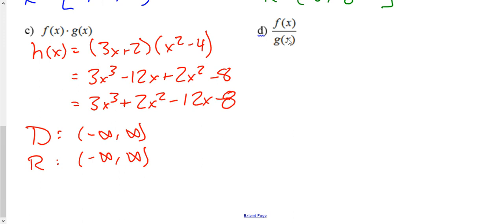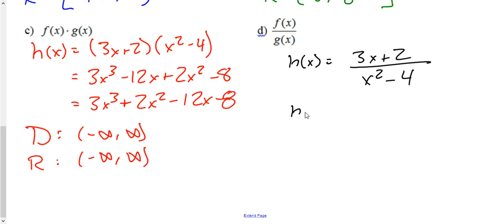Last but not least, we're going to do a division statement. So h of x is going to be equal to 3x plus 2, and all of this is divided by x squared minus 4. So first things first, from our polynomials unit, just an FYI, we want to factor everything. Factor whatever you can factor here.